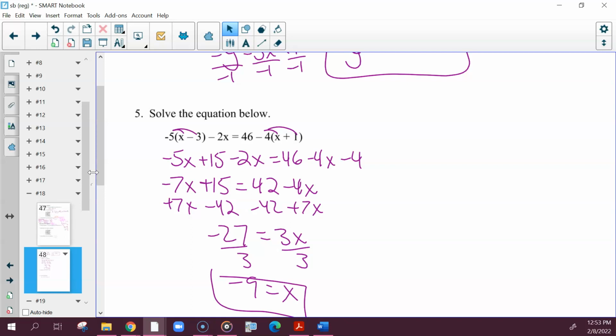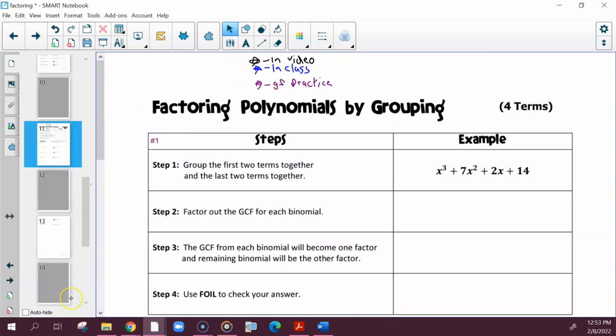Right. So today we're going to continue our factoring notes. The class before last, we were talking about factoring by GCFs. What we do today is going to build on that. So everyone should have notes in front of them that look like this.